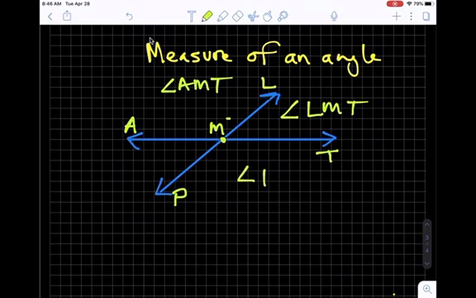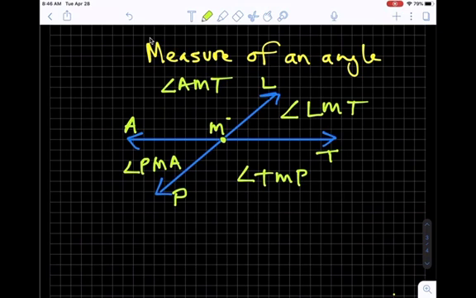This would be angle TMP. And then this would be angle PMA or AMP. It doesn't matter. You can go any way you want with these. I went around clockwise, but you could do it the other way too, and it would be just as correct.